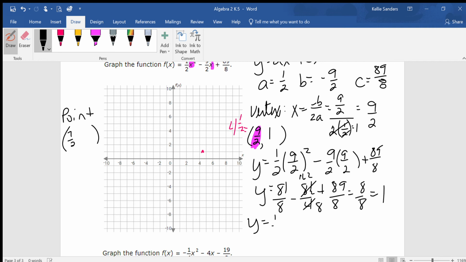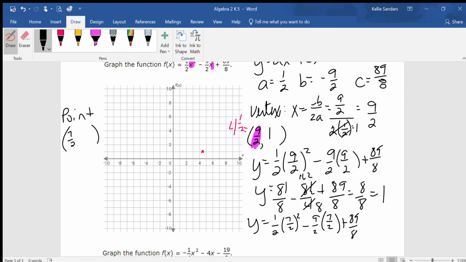Y equals 1 over 2, 7 over 2 squared, minus 9 over 2, 7 over 2, plus 89 over 8. This may not work out as pretty. Oh, I wish I could go in there and change it all.